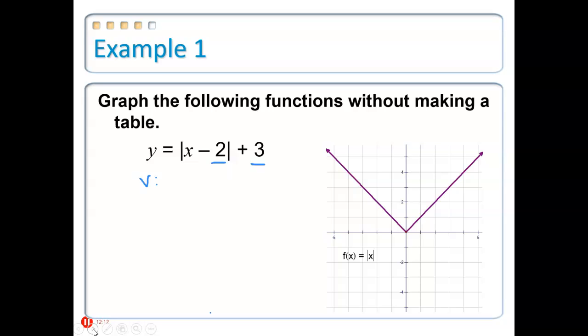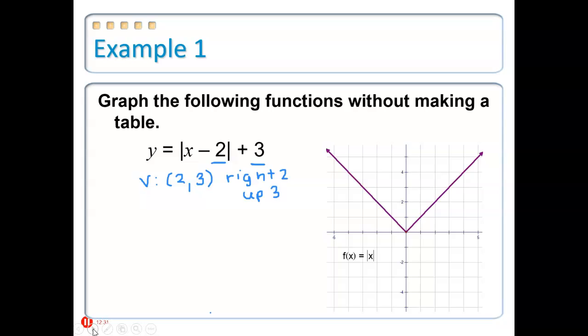So the vertex is (2, 3), which means my graph has moved right 2 and up 3. So this purple graph over here, that's the parent function.